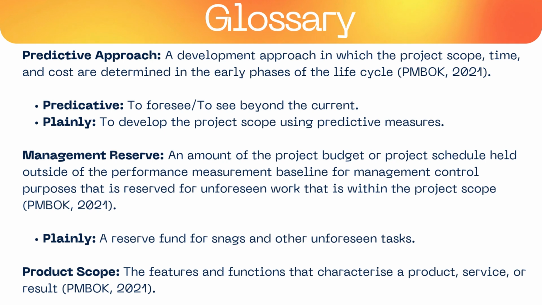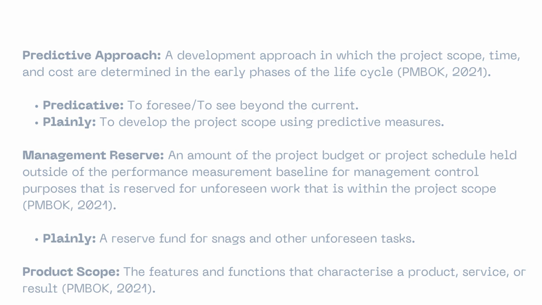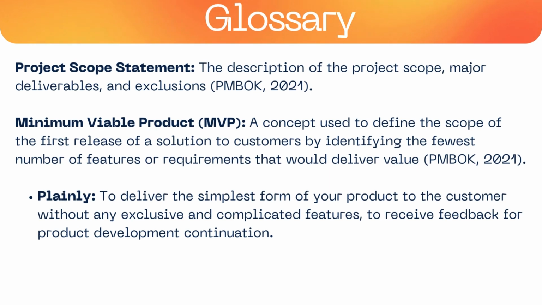Then you've got your product scope. These are the features and functions that characterize a product, service, or result. So that's very plain. So the project scope statement: the description of the project scope, major deliverables, as well as exclusions. That's all it is. What is the project scope?